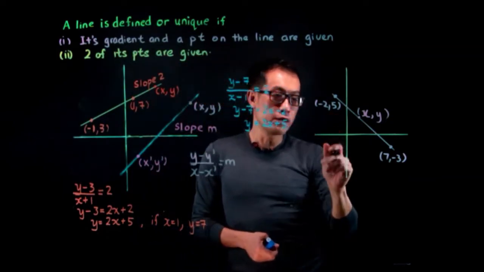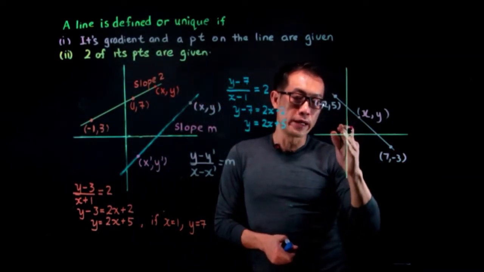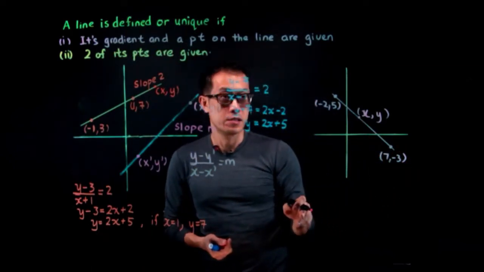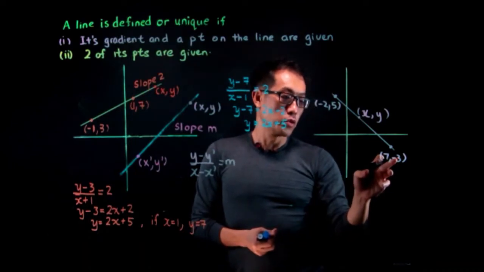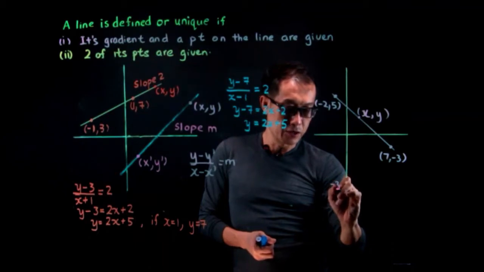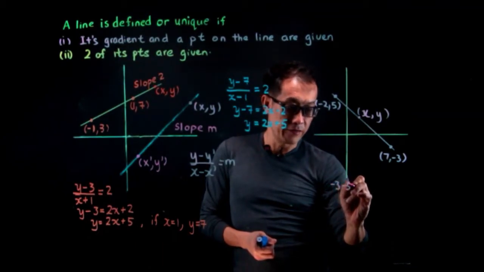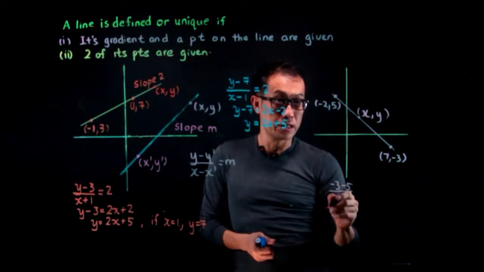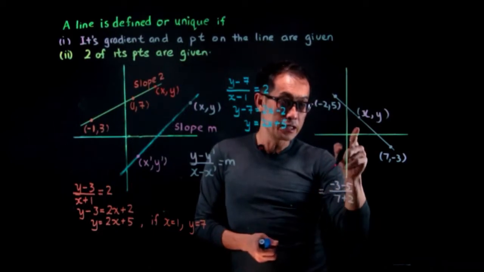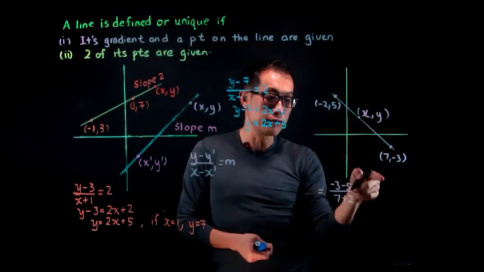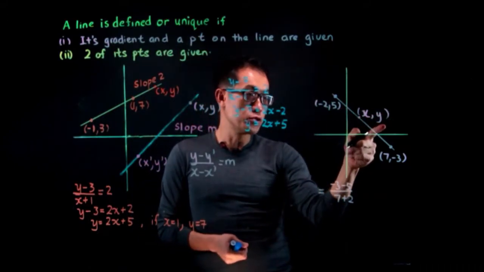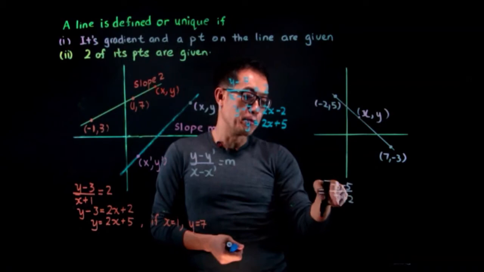The gradient of this line is y2 minus y1 over x2 minus x1. So let's say we take this minus this. So you get minus 3 minus 5 over this minus this, 7 plus 2.